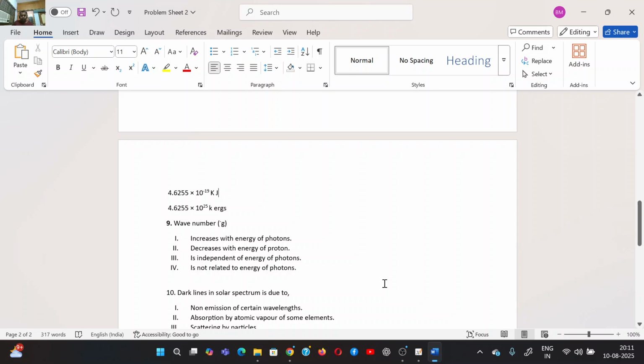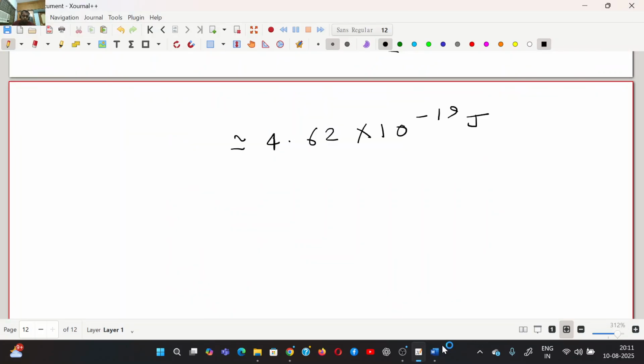Okay, so wave number. What is wave number? Wave number is just 1 by lambda. Like if lambda unit is centimeter, so wave number will be centimeter inverse. Say I represent wave number as nu bar.